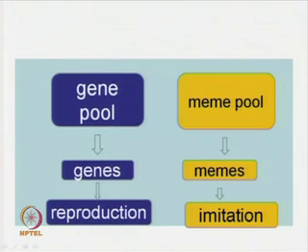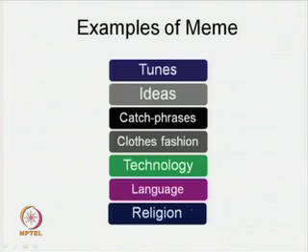Therefore, we see that the mime is a noun, and as a noun it is a unit of cultural transmission or of imitation. Then Dawkins goes on to draw an analogy: like we have gene pools, we also have mime pools. In the gene pools, we have genes that are used for reproduction. In the mime pools, there are mimes that are reproduced through imitation.